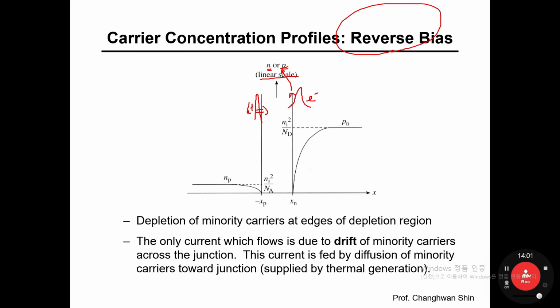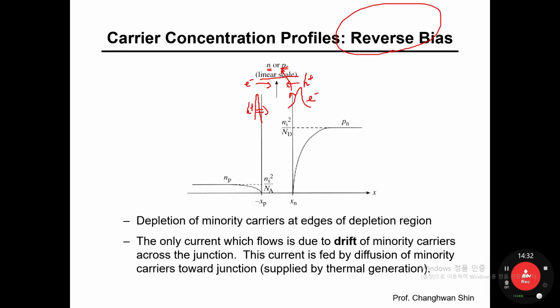However, as we have learned, the minority carriers in the p side, which is electron, and the minority carriers in the n side, which is hole, are free without any energy barrier. So those carriers would be freely moved into the other side.